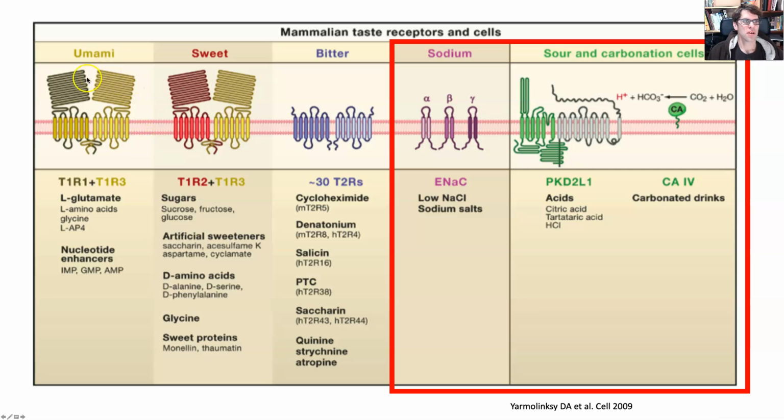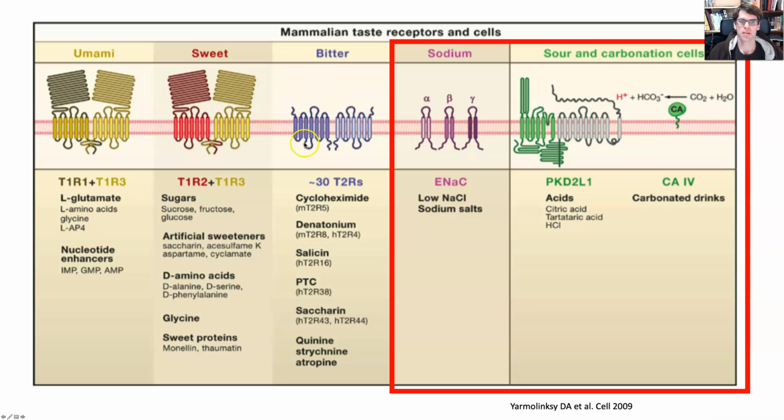Umami, sweet, and bitter all use a similar set of receptors, in that they use, remember earlier, G protein coupled receptors. Umami and sweet actually share half of them. You see it says T1R3. It means half of this receptor complex is the same receptor, and then the other half is either T1R1 or T1R2. That makes it either umami or sweet.